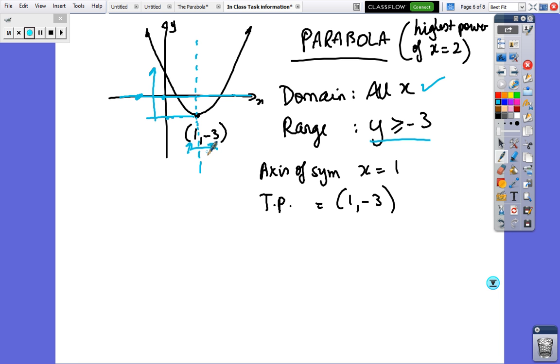There is a turning point, and the y-intercept would equal something, which you can calculate if you know what the equation is, and the x-intercept would equal something as well, which you can calculate, which would be those two values there. So you can have a y and x-intercept in this particular case.